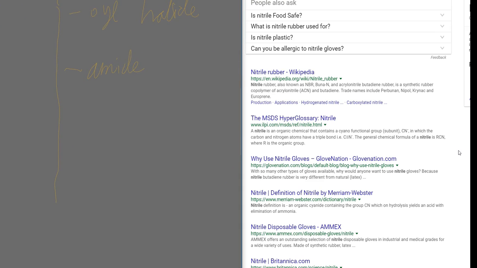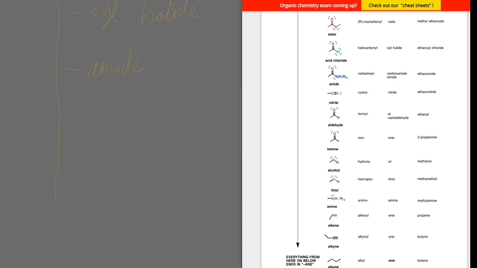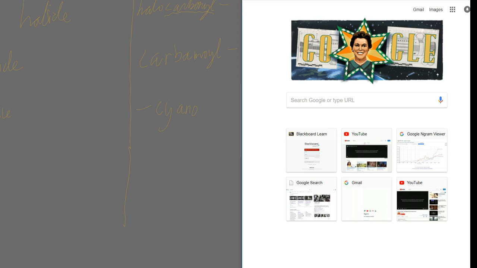And then the suffix: nitrile, that's a suffix. Then cyano, I've never seen that. How strange. Cyano means blue, is it not? Cyan.